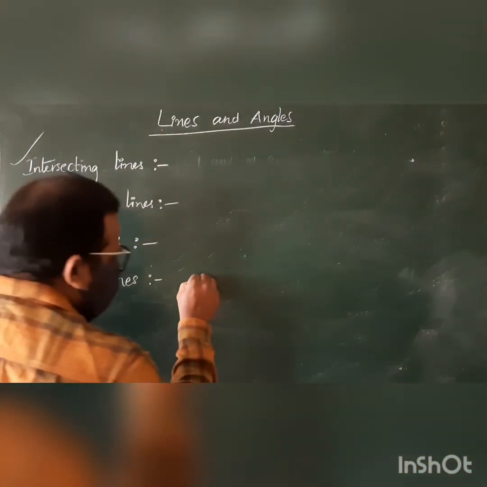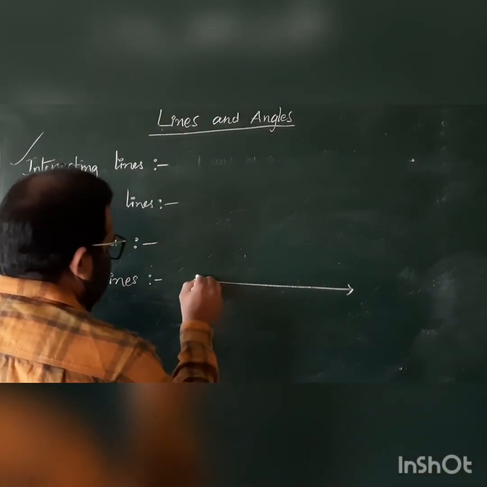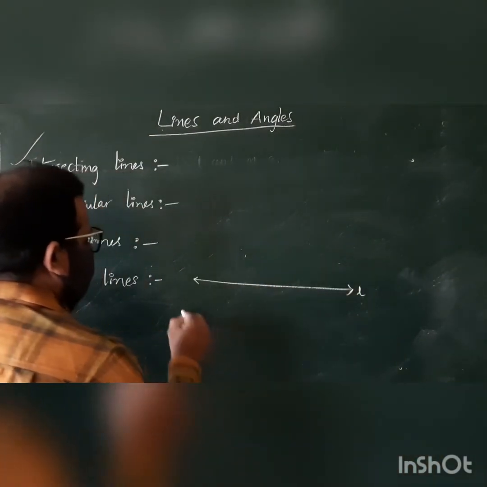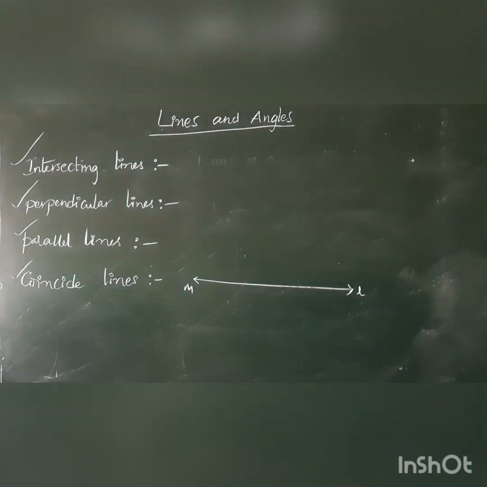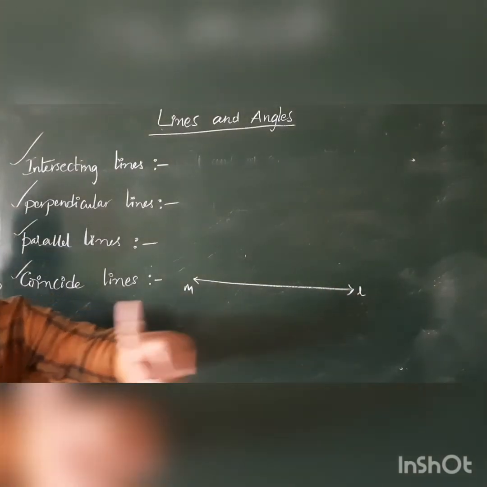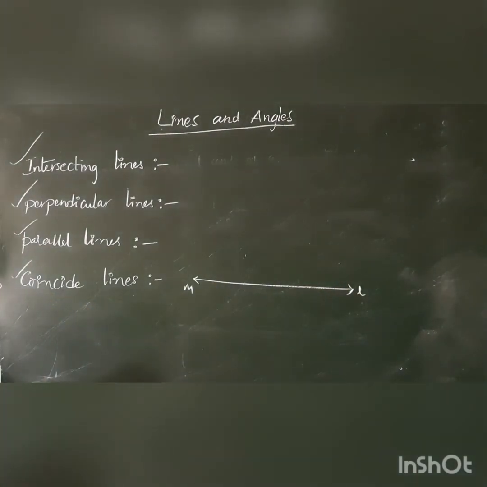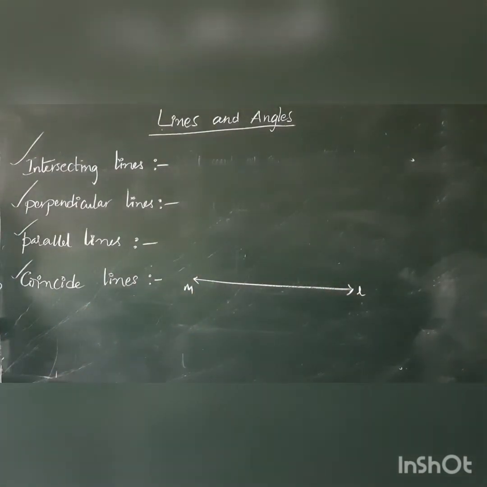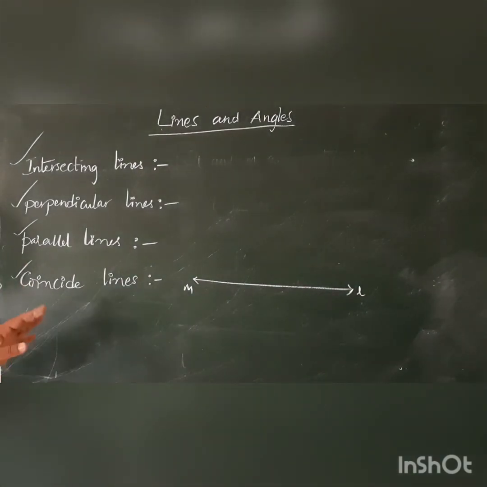If you see, here I have written two letters, L and M. I am saying that L represents one line and M represents another line. But what I did here is I have drawn only one line, but I am saying that there are two lines.